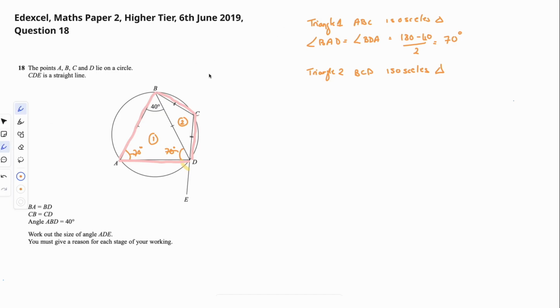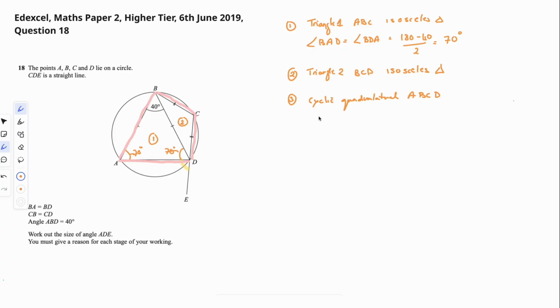So point 1 here was that we understood that triangle 1 was an isosceles triangle. Triangle 2 was also another isosceles triangle. And the third point was that we've identified a cyclic quadrilateral, which is A, B, C, and D.